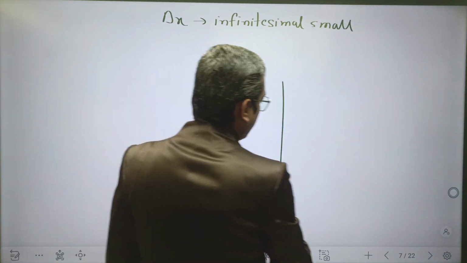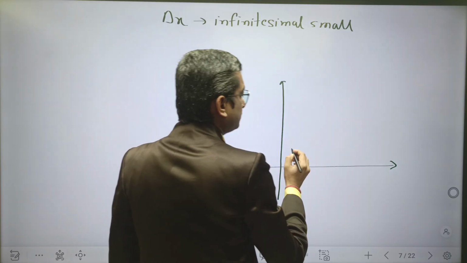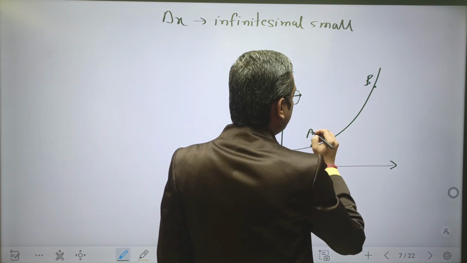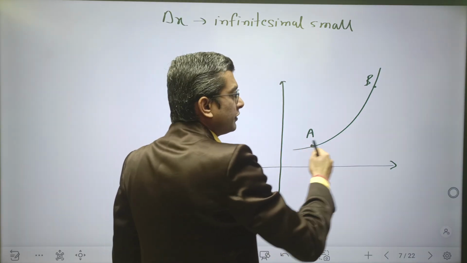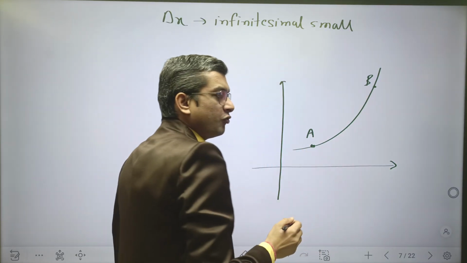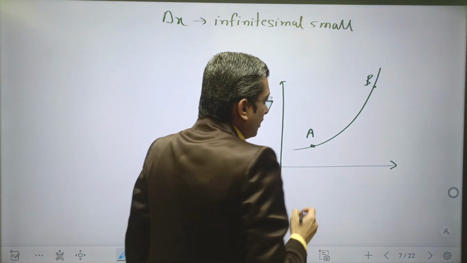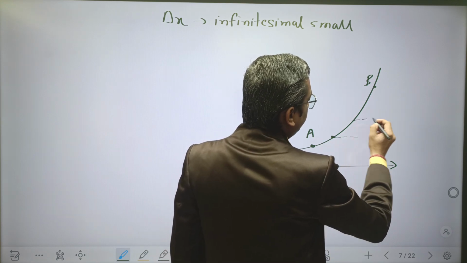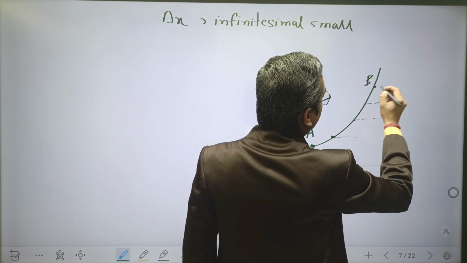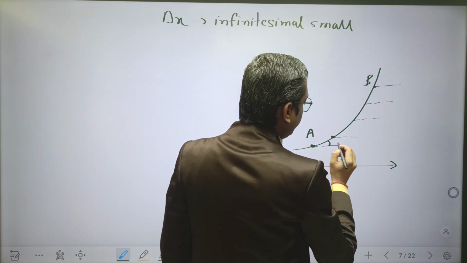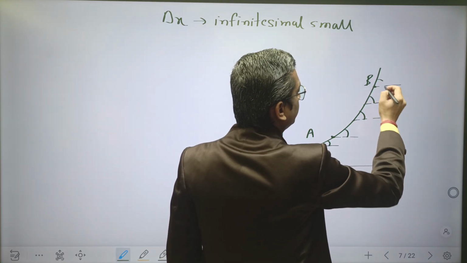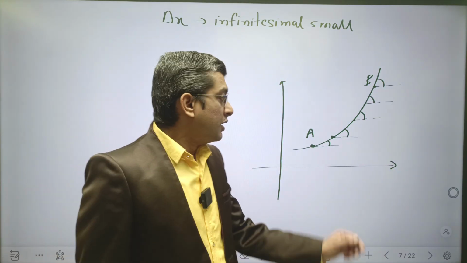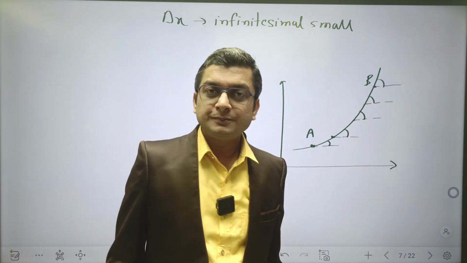What I am saying, I am drawing it again. Suppose I take 2 points. This is point A and this is point B. So the average slope between point A and point B is given by delta y by delta x, it's okay. But if you take any point in between these 2 points, the instantaneous slope is changing, as you can observe here. Here theta, theta, theta, theta, theta. So this theta is increasing. Are you getting? So the slope will also increase.